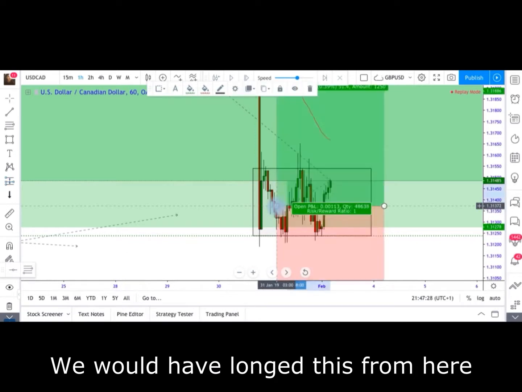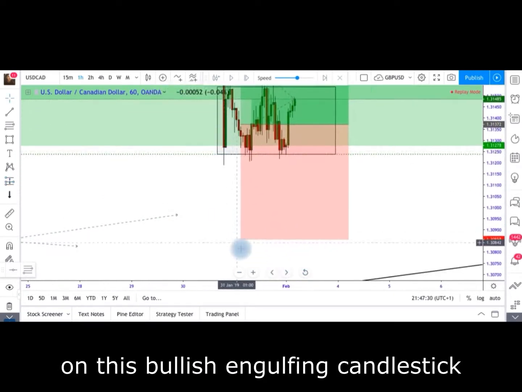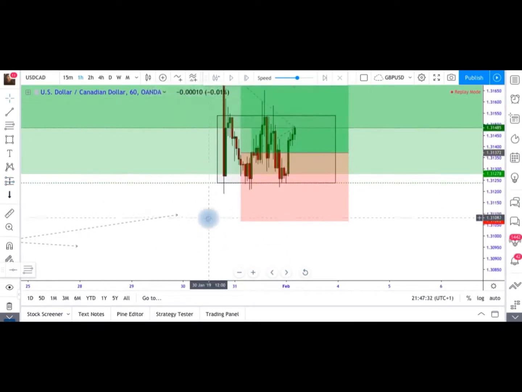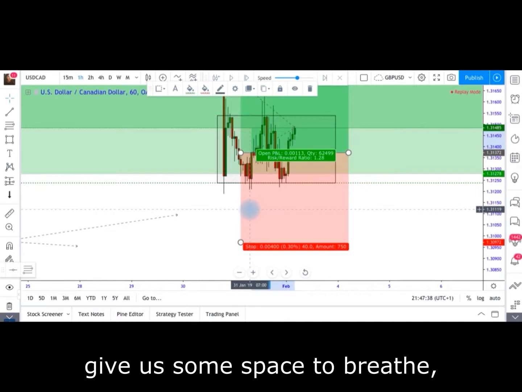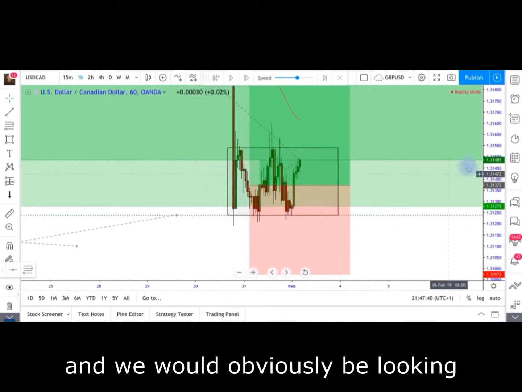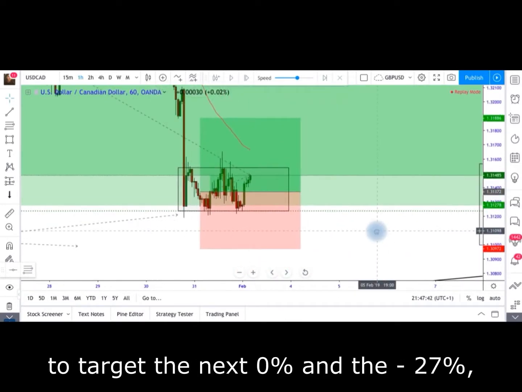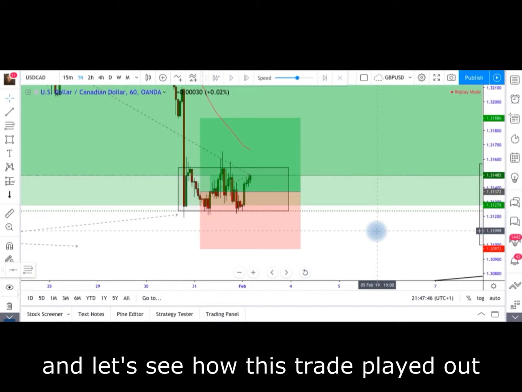We would have gone long from here on this bullish engulfing candlestick. Given our stop loss something like 40 pips, give us some space to breathe, and we would obviously be looking to target the next 0% and the minus 27%. And let's see how this trade played out to see if it would have stopped us out.